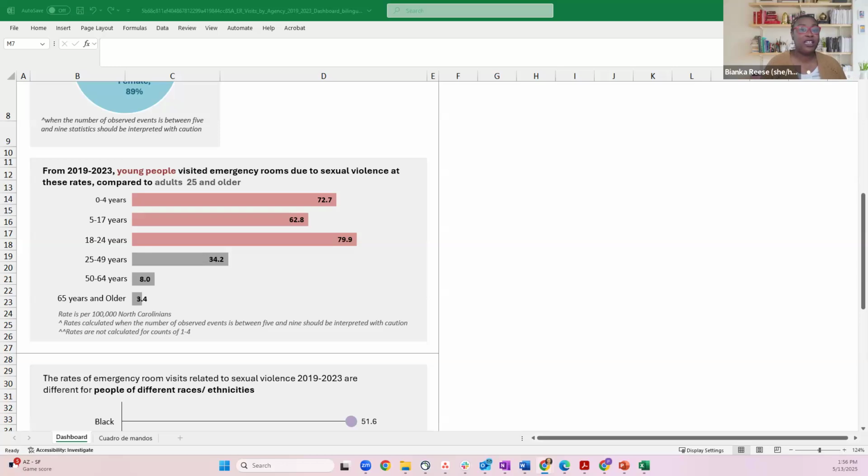Yeah. And so that's really interesting. Again, that's providing context to the numbers you're seeing. And so if you want to reach young adults or young people for sexual violence prevention, they're showing up in the ERs. And so that's a place to see that. If you want to reach older adults, maybe the data is showing that they're not showing up in the ERs. So you have to reach them in other ways.